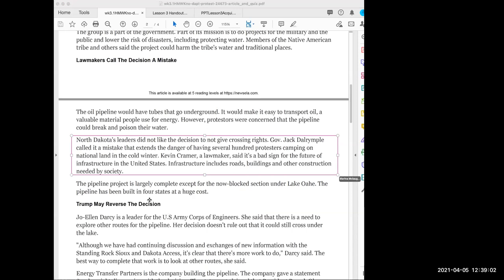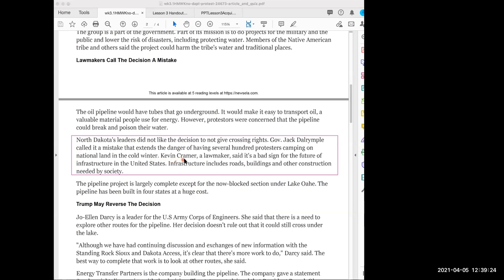NOSDAQ's leader didn't like the decision to not give crossing rights. Government Jack Darrell map called it a mistake that extends the danger of having several hundred protectors camping on national land in the cold winter.